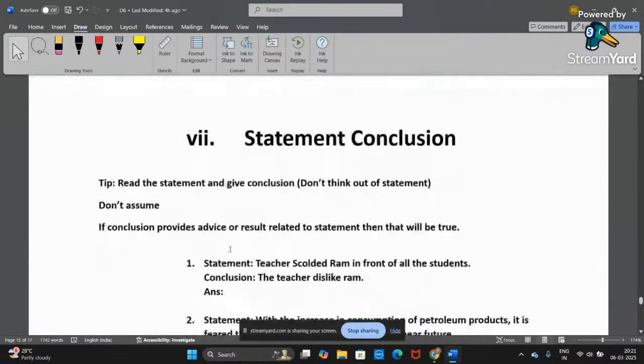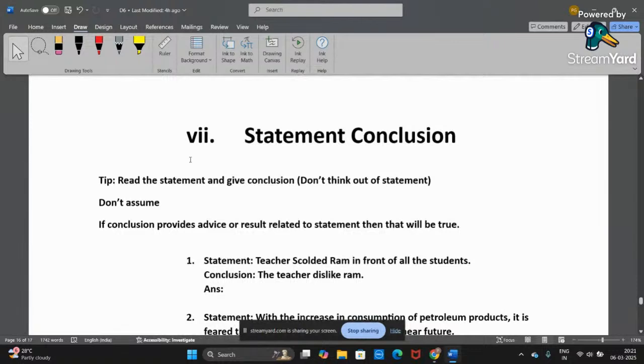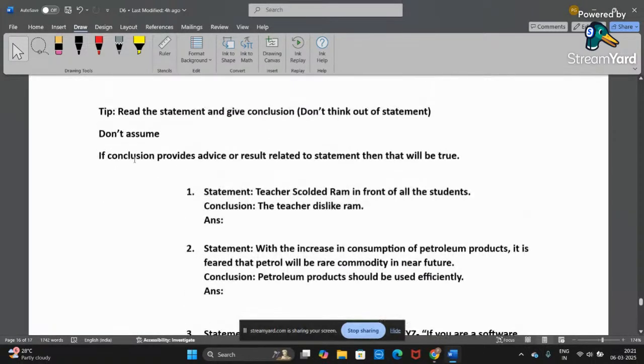We just need to read the statement and give the conclusion only for the statement. We should not think out of the statement, and we should not assume also. If the conclusion is given, for example, they have given a statement and a conclusion, and the conclusion is an advice type or result type, then the statement is true.